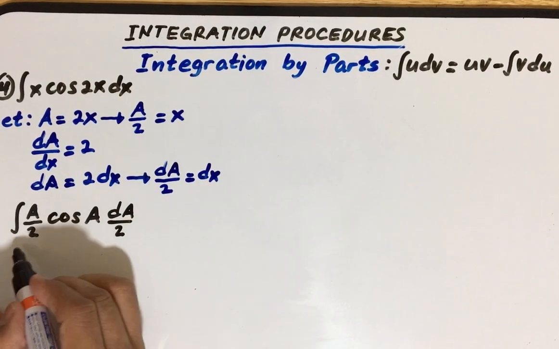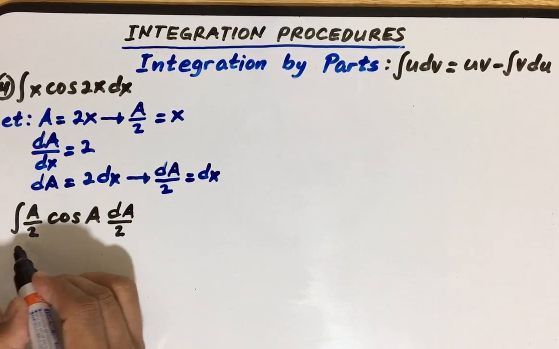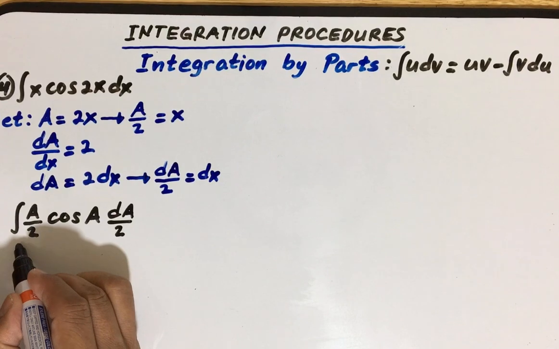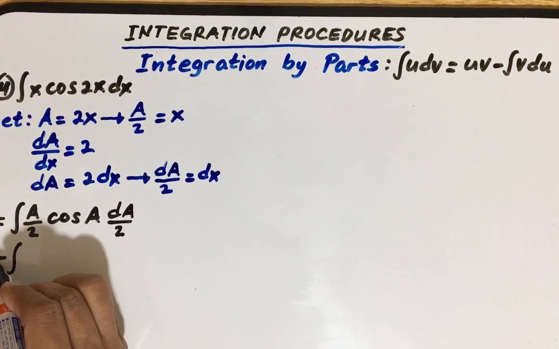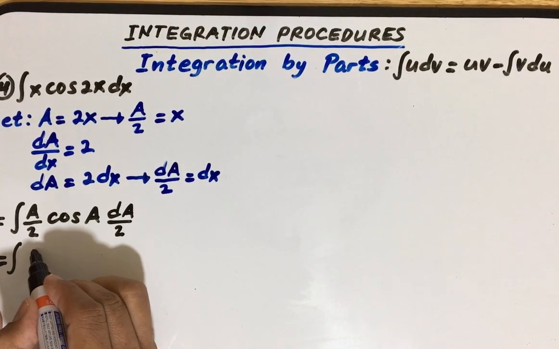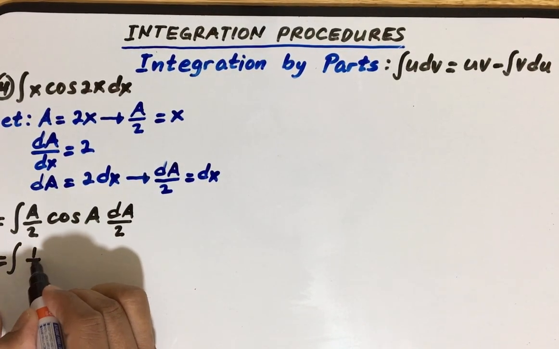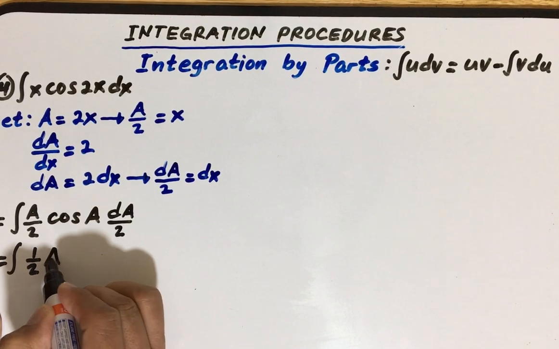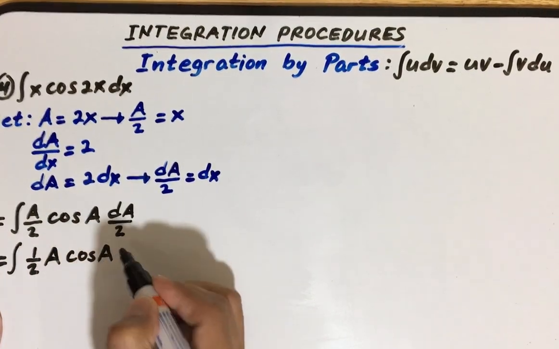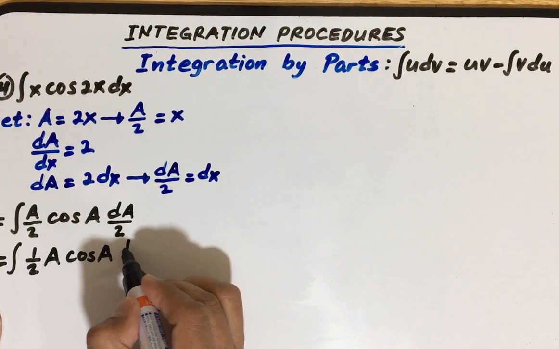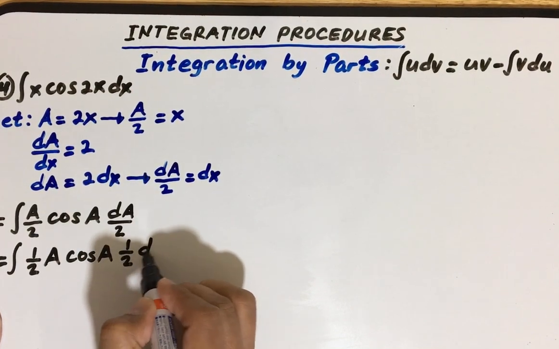Alright, and we can rewrite this as the integral of, so I'll do it like this, class. This will be a over 2, which is the same as 1/2 a, and cosine a, and dA over 2 is the same as 1/2 dA.